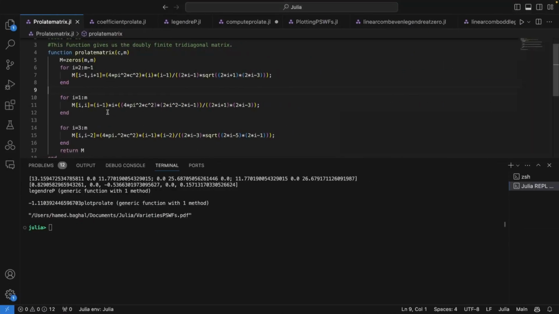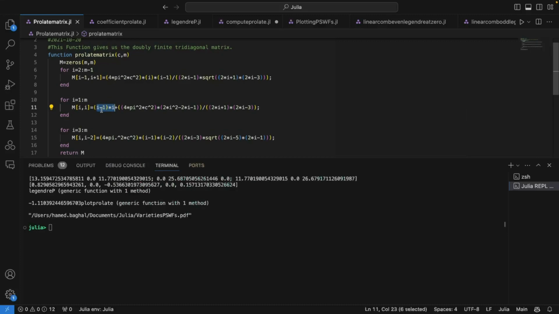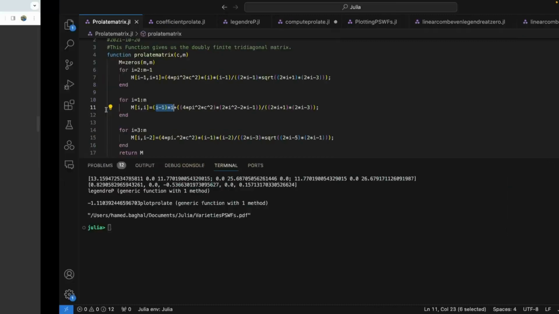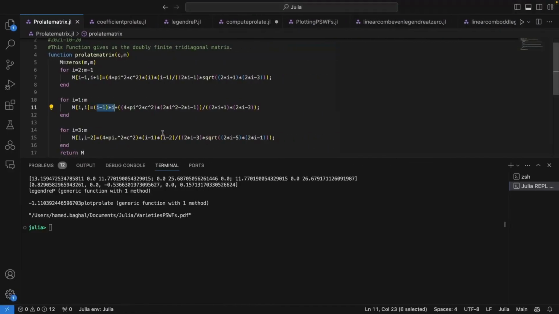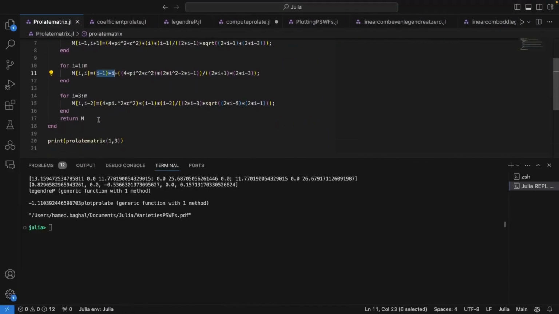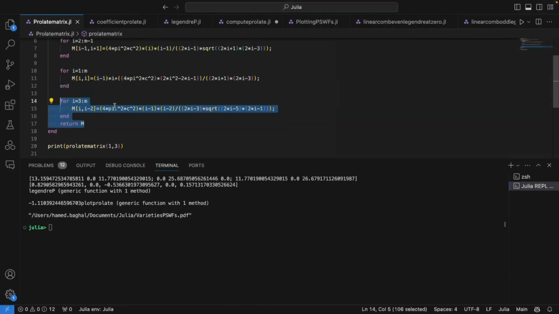But my m, or i, starts from 1. So instead of m times m plus 1, I have to write i minus 1 times i, or m minus 1 times m, which is here. This should be applied to the lower diagonal as well.